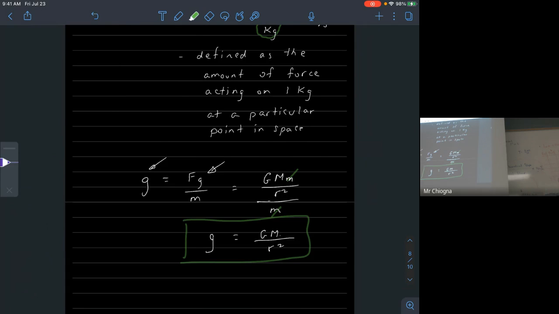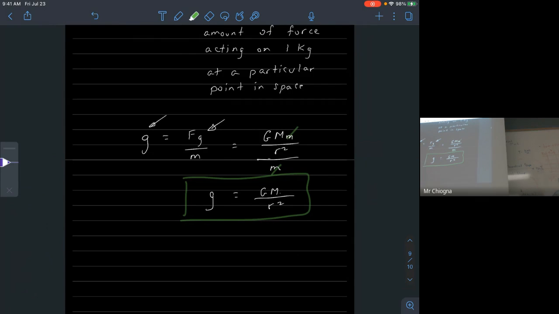If the question is what's the acceleration, you already know, you'd give a value in meters per second squared. The unit used is meters per second squared. If the question is what's the gravitational field strength?